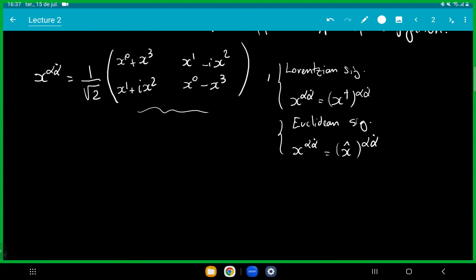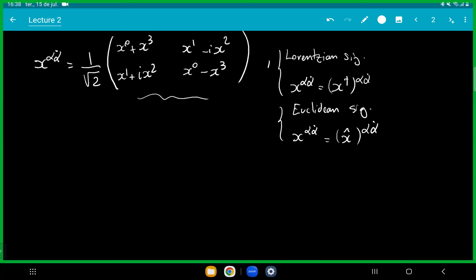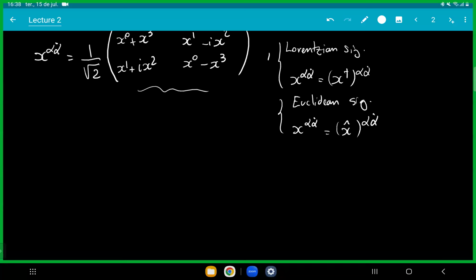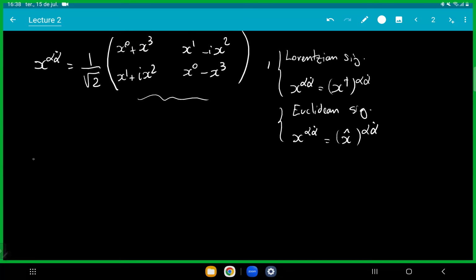So let's see what else happens once we impose these reality conditions on twistor space. What are the consequences? Let me be explicit and write the conjugate of this.